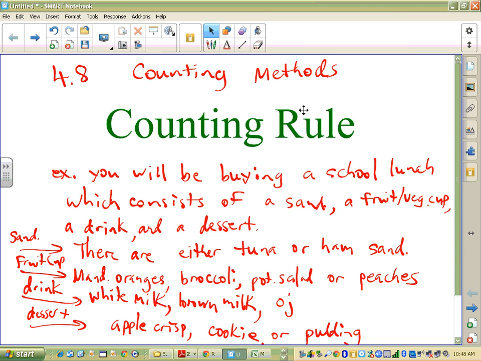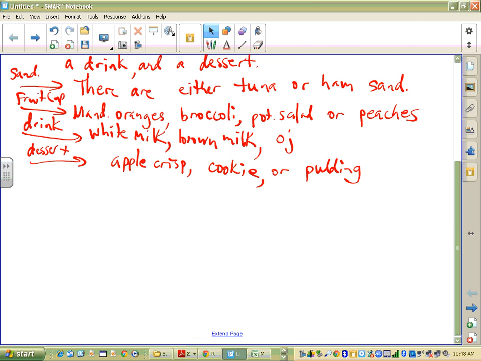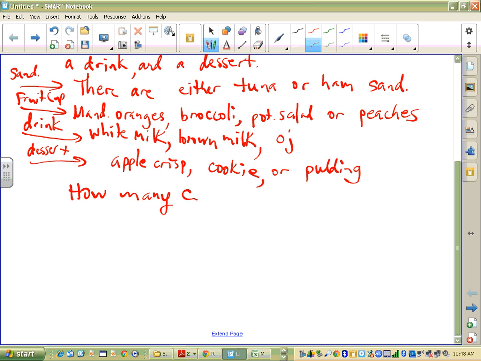Okay. So this is a classic problem that you'll run into that involves the counting rule. Where they try to confuse you is the language that they use. They'll say, how many combinations are possible for your lunch?